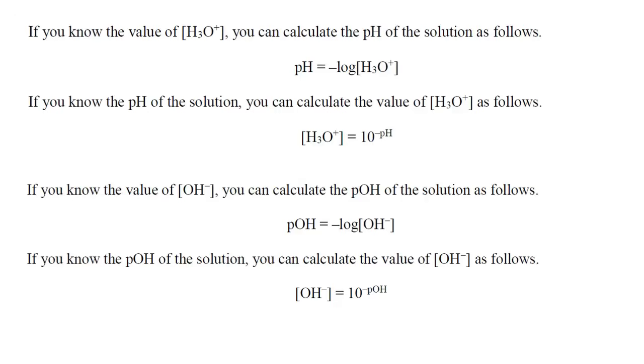On this slide, you can see information about how you would calculate the concentration of the hydronium ion or the hydroxide ion if you know the pH or the pOH. So what I'm highlighting on this slide is that if you know the pH, then the concentration of the hydronium ion is 10 to the minus whatever that pH value is.